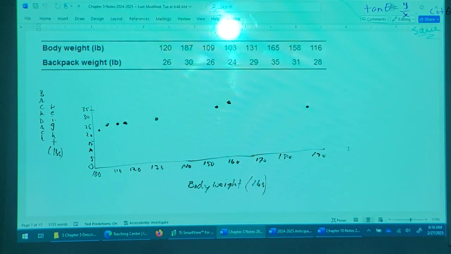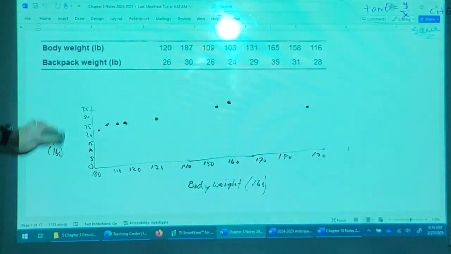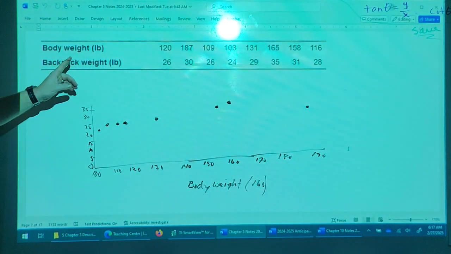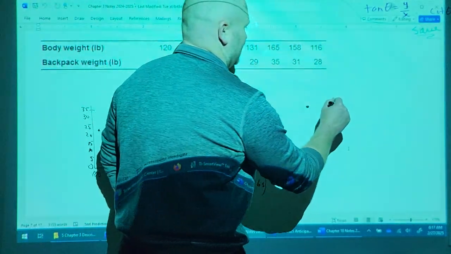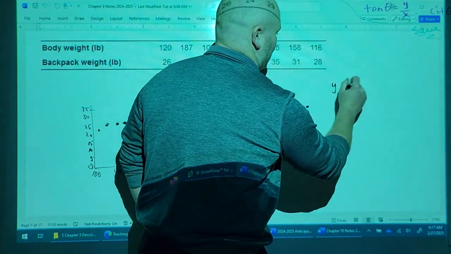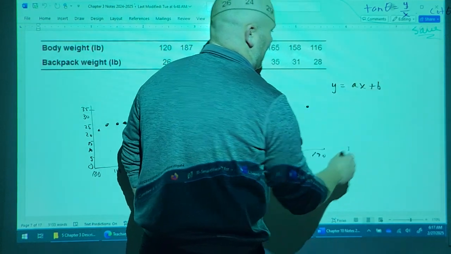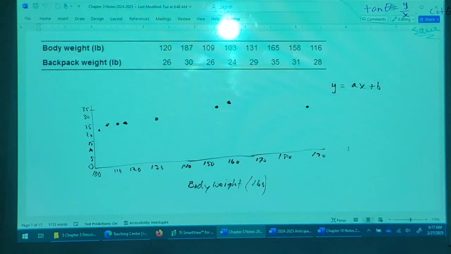For what it's worth, it's probably easier to just make the scatter plot by hand. I do, however, want to show you how to run a regression in your calculator in order to get the best fit equation in the form y equals mx plus b or ax plus b, essentially y-intercept form.